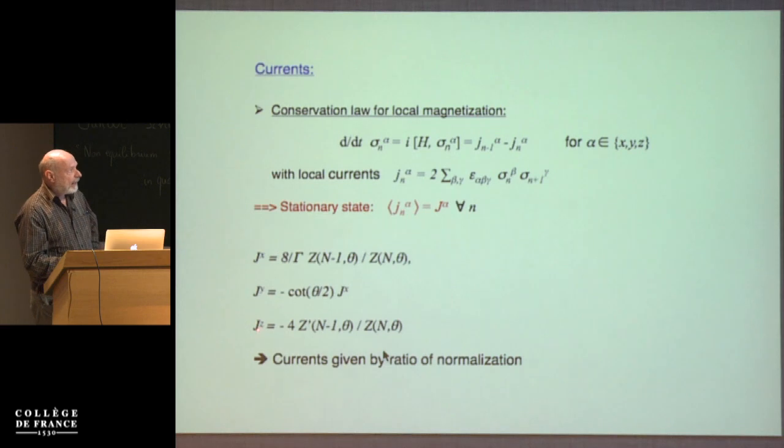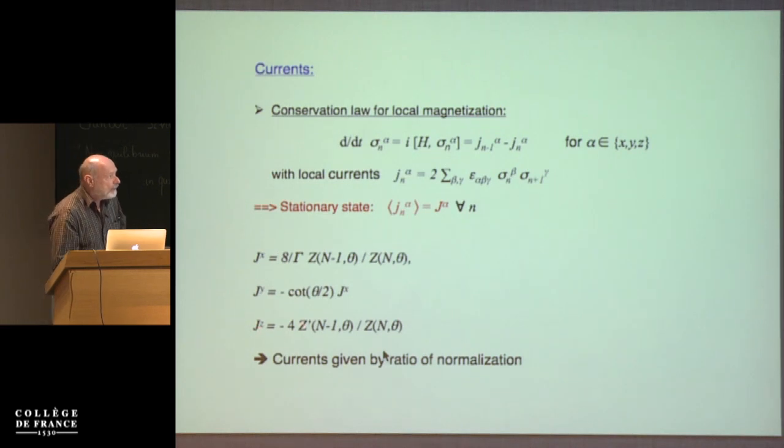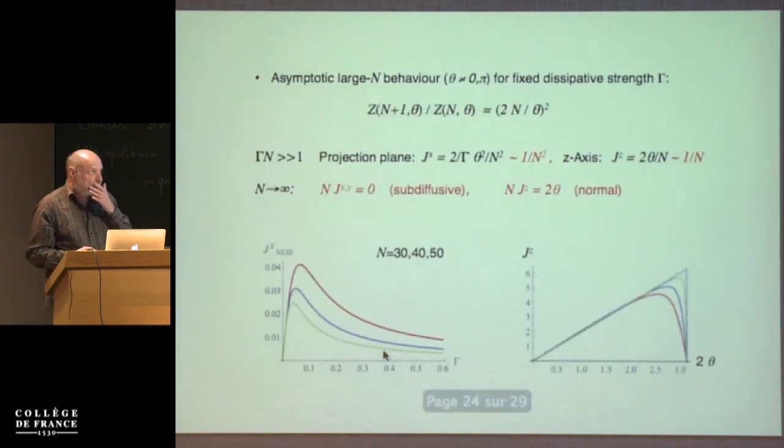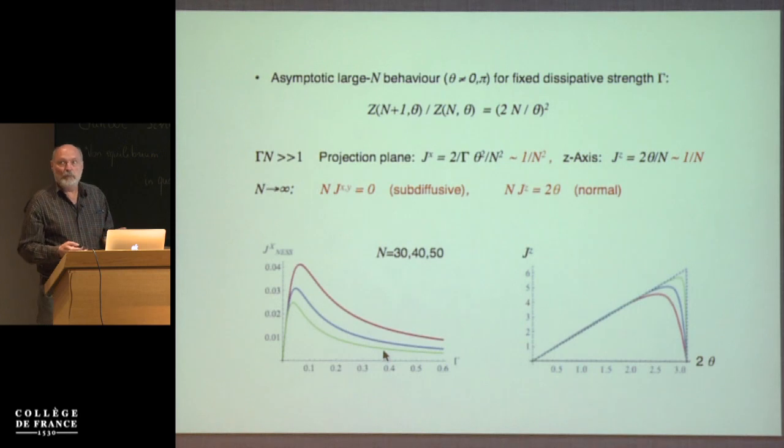And finally, the Z current is minus 4 times the derivative of the normalization with respect to theta for n minus 1 sites divided by n sites. So that means that we can express all the currents just in terms of these normalization factors, which is the trace of B0 to the power n. That's nice because all we need to do is to compute this normalization factor, which is the kind of non-equilibrium partition function of your problem.